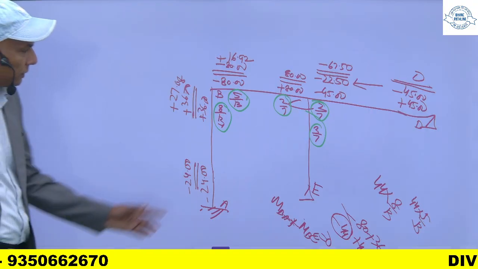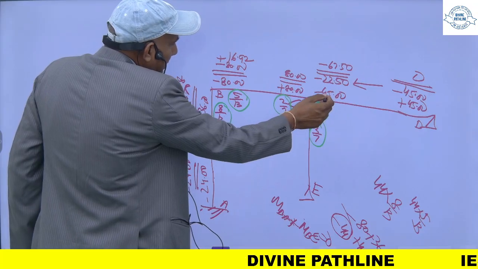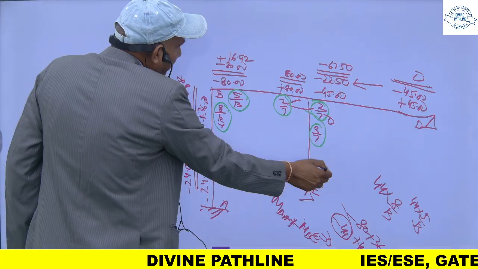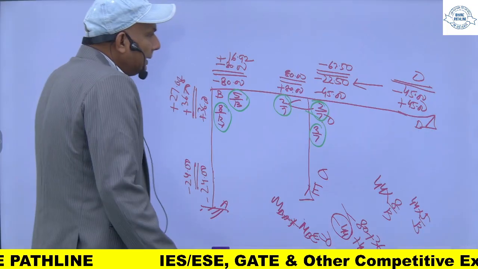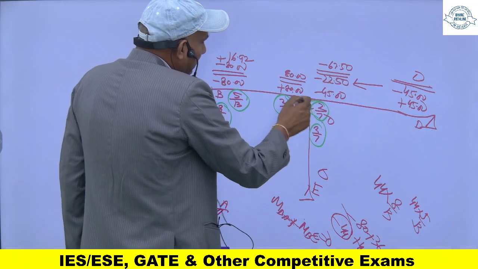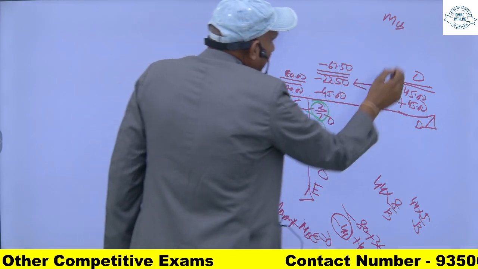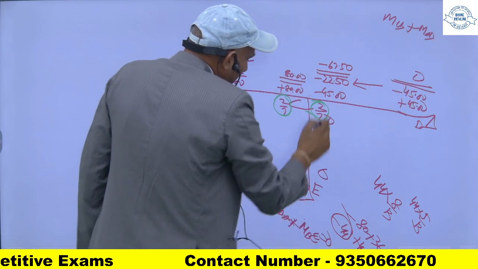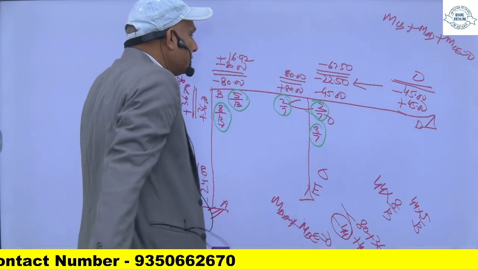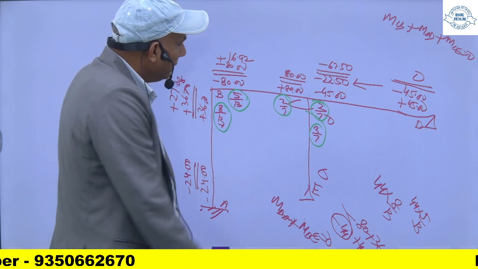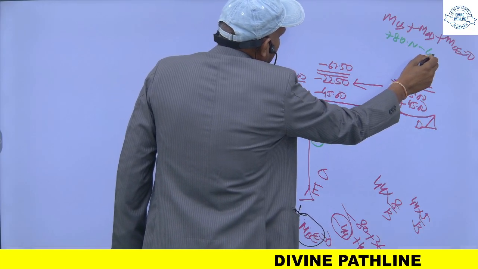Similarly, for this joint, the sum of this moment plus this moment plus this moment, this is 0 already, so this must be equal to 0. So it is minus 80 and this one is the sum of MCB plus CD plus CE. The sum of all the moments at this joint must be equal to 0 for the equilibrium of the joint. So this is plus 80 and this is minus 67.50.